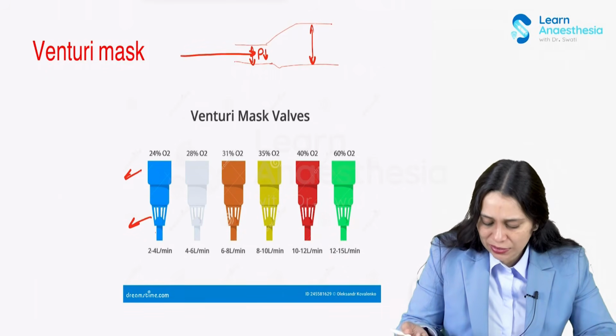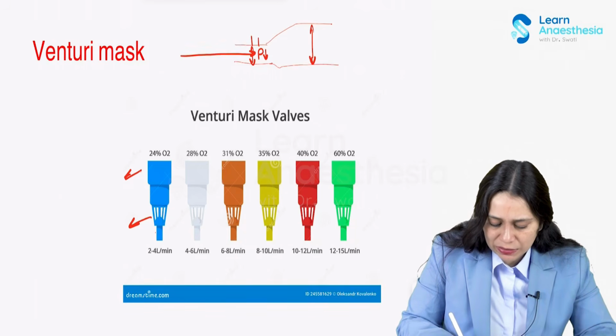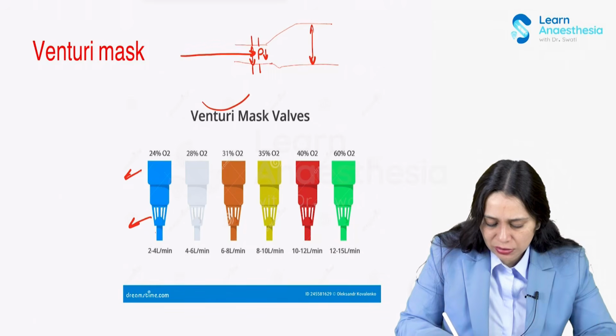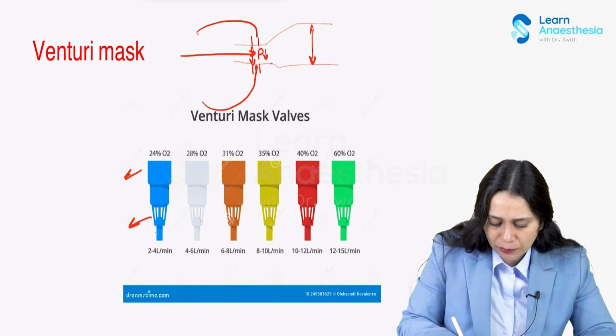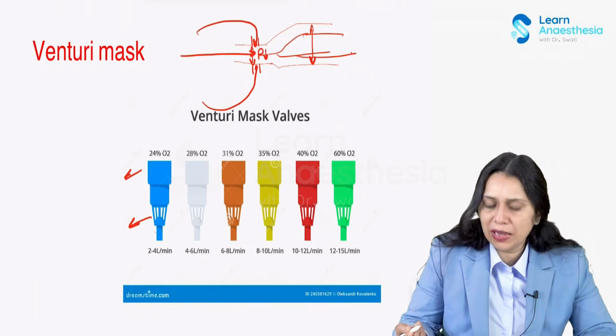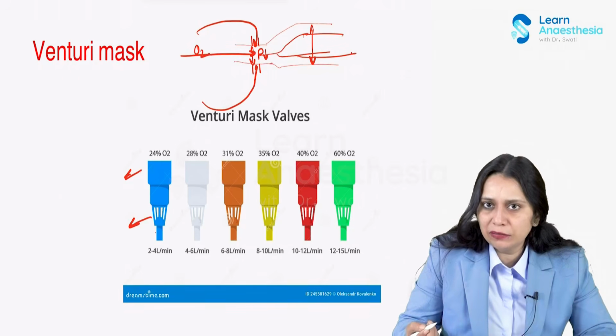What has been done? Here the opening has been created in the side wall, and because of the drop in the pressure, the entrainment of the gas will happen. And ultimately, the patient will receive a higher flow of gas than what we are giving through this Venturi mask.